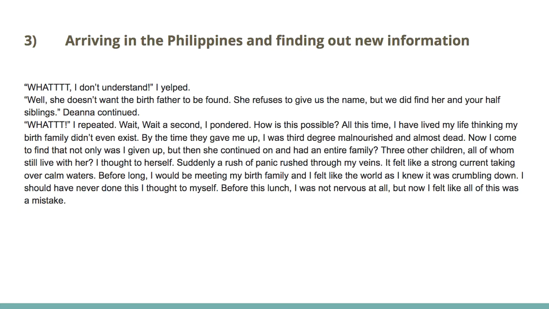Now I come to find that not only was I given up, but then she continued on and had an entire family, 3 other children of whom still lived with her. I thought to myself. Suddenly, a rush of panic rushed through my veins. It felt like a strong current taking over calm waters. Before long, I would be meeting my birth family, and I felt like the world as I knew it was crumbling down. I should have never done this, I thought to myself. Before this lunch, I was not nervous at all, but now I felt like this was a mistake.